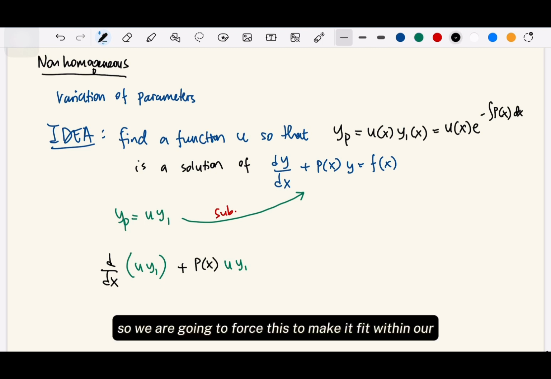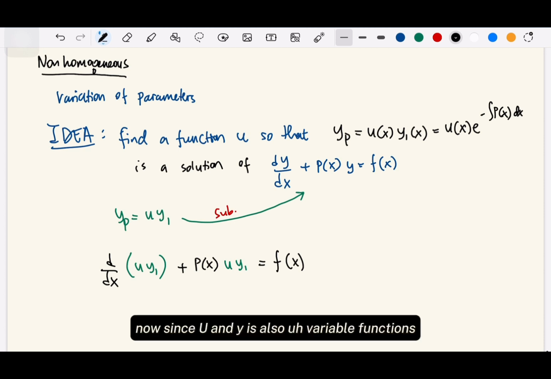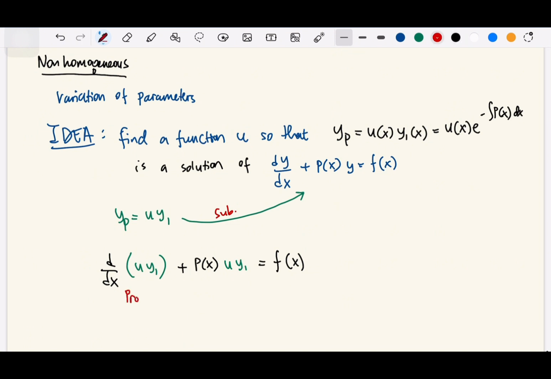So we are going to force this to fit within our differential expression. Now, since u and y1 are both variable functions, we take the derivative with the product rule.